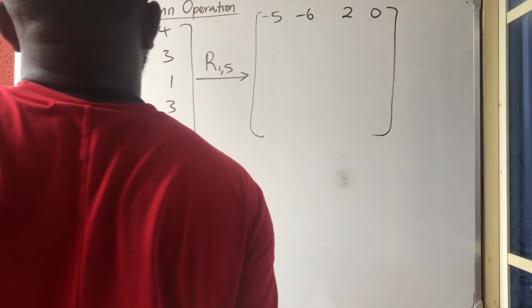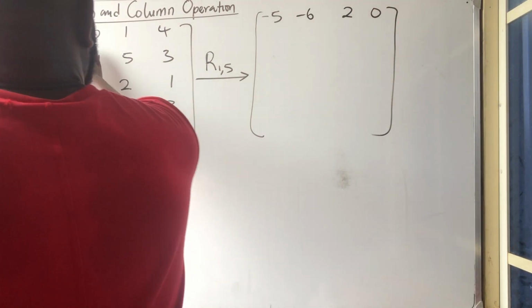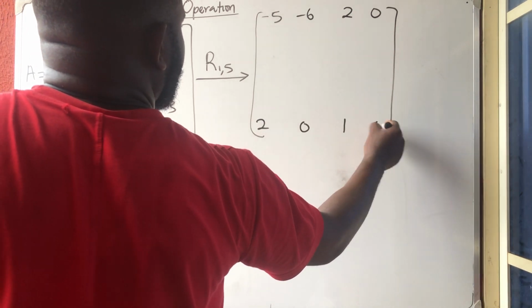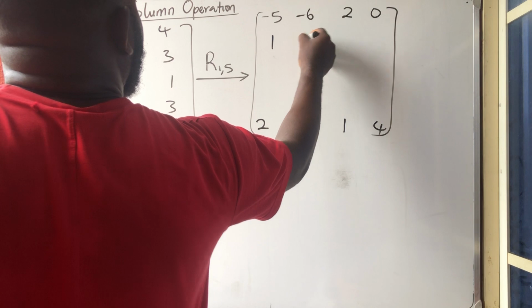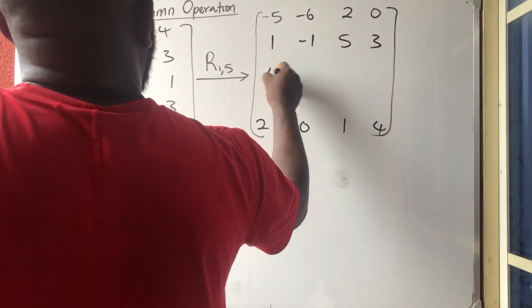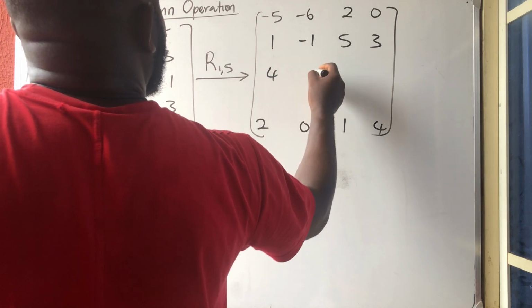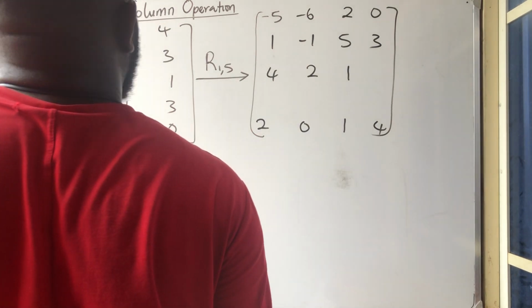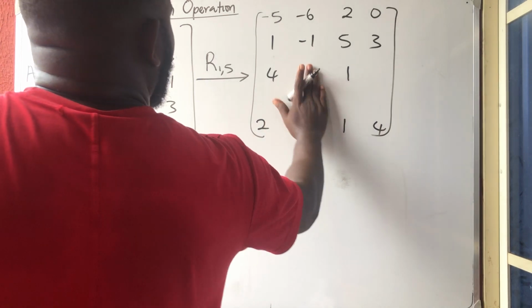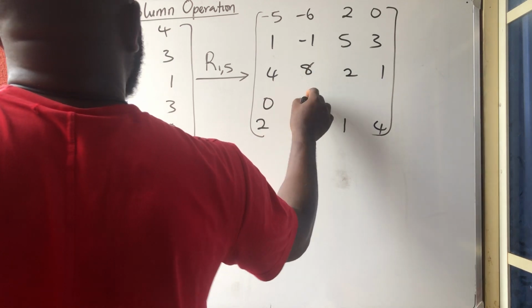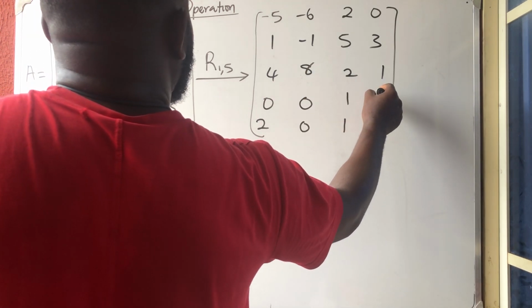Then this one will come down, 2, 0, 1, and 4. Then the others remain the way they are. Minus 1, 5, 3, 4, 8, 2, 1, 0, 0, 1, 3.